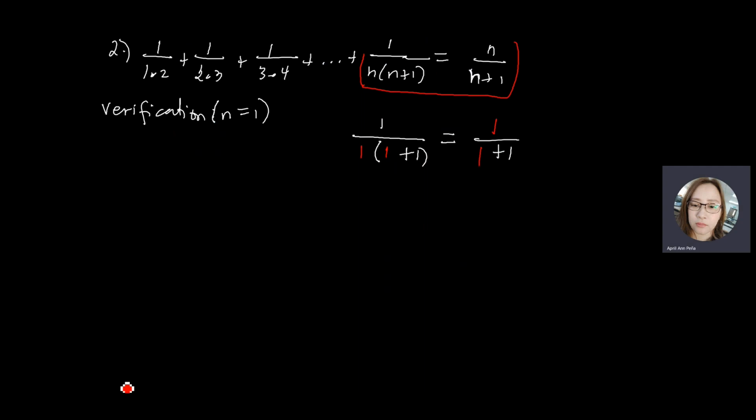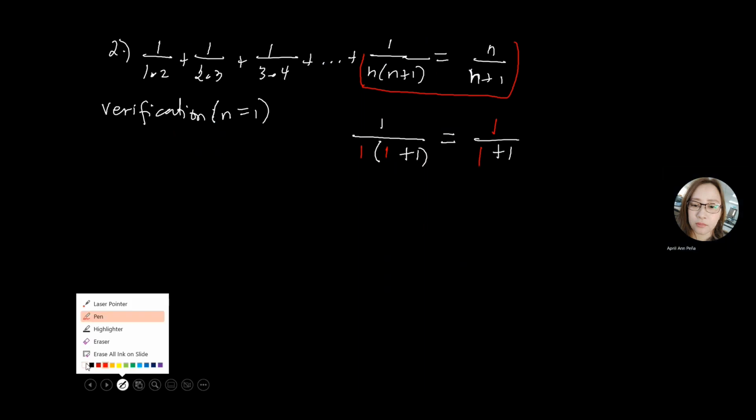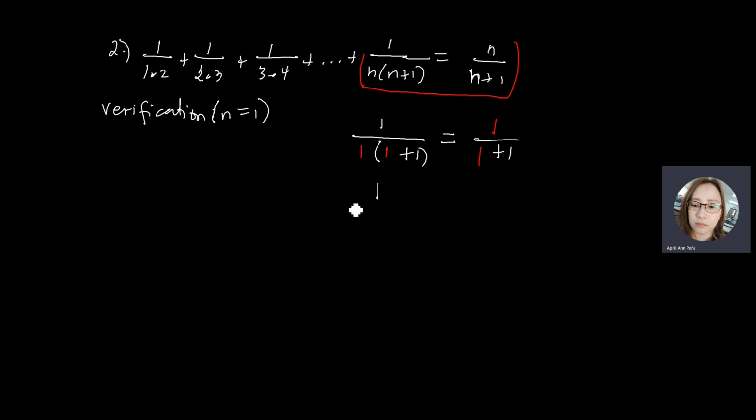So how? Just simplify it. We have 1 over 1 times 1 plus 1. Remember, the 1 plus 1 here is 2 times 1, so we have over 2. The same with the right side, that is over 2. So we have 1 half equals 1 half. So the two sides are the same.